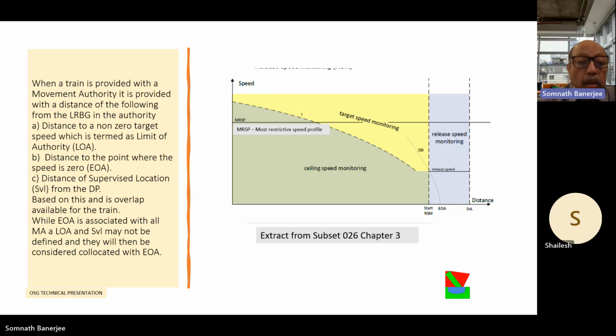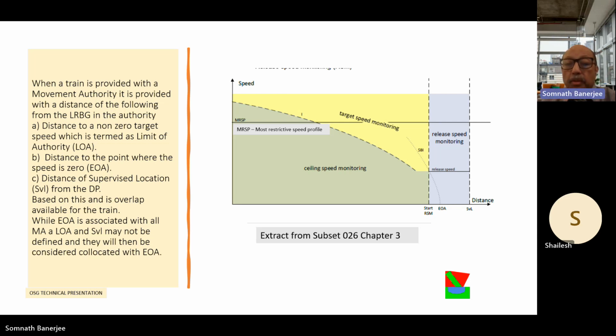The most important target is the end of authority. That is a point which marks the absolute maximum distance the train can travel without any hazard.